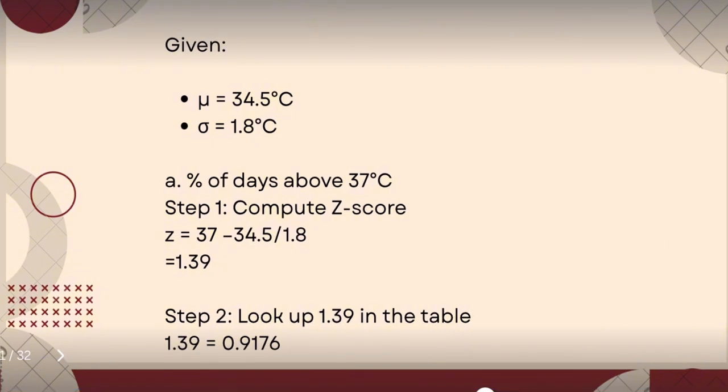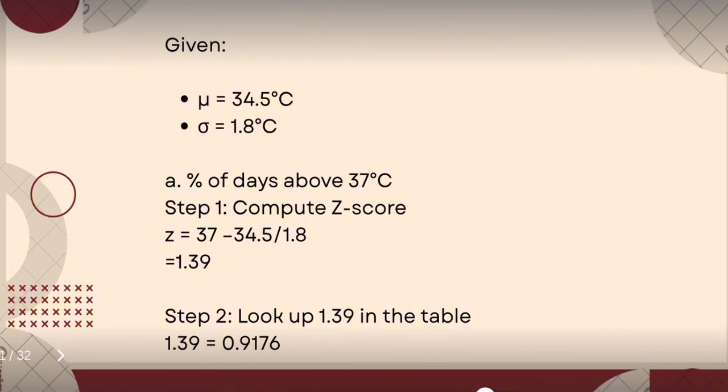Step 1, compute muna natin yung z-score. So yung z is the 37 and i-minus natin siya sa mean. Ang mean ay 34.5 Celsius and over 1.8, which is yung standard deviation natin. So when we compute that, we will be getting an answer of 1.39.